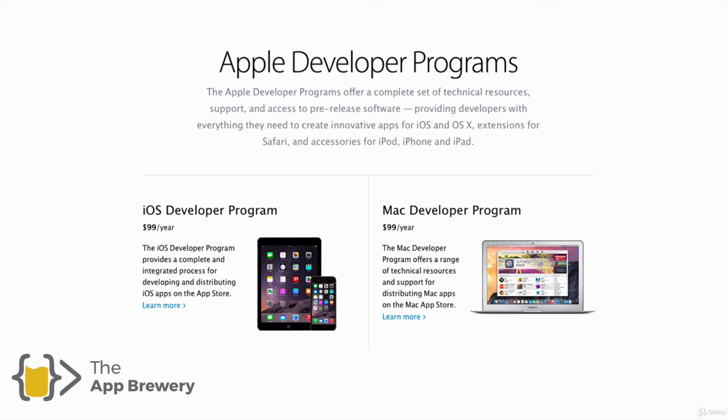As of Xcode 7, so I think that was September 2015 when it launched, you are now able to do this on any free Apple account. So all you need is just your normal iTunes account, which you use to download apps, and we'll be able to get your code and your app onto your physical iPhone device.